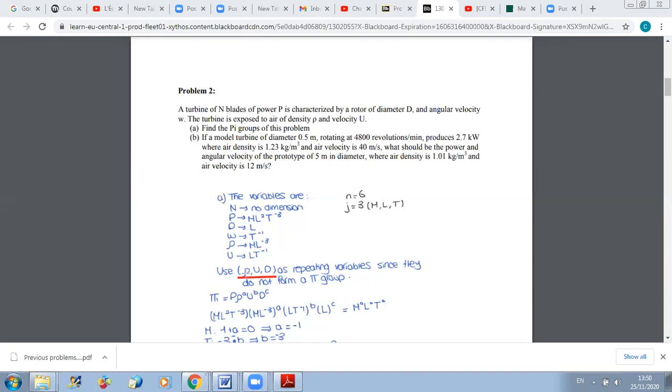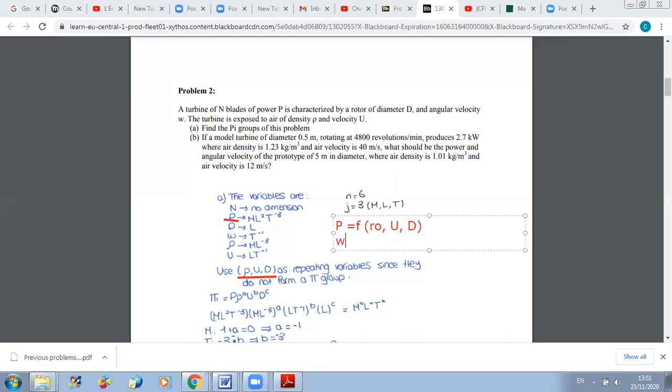When I form a group of rho, U, D with P, this means what? This means that I will express the power P as a function of the other variables, okay? So when you put P as a function of rho, U, and D, this means that you are measuring P, and P is an output. An output means that I will express power as a function of the other variables.